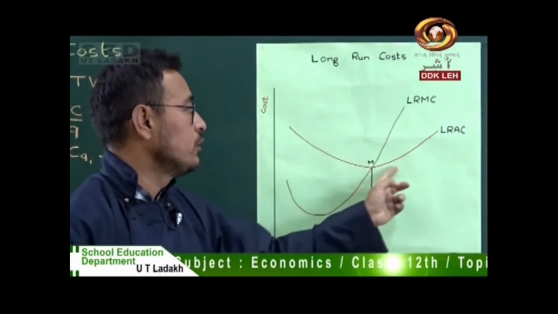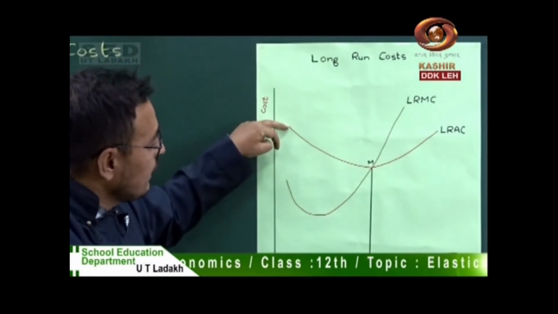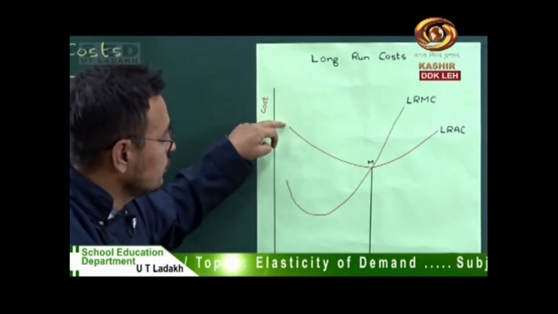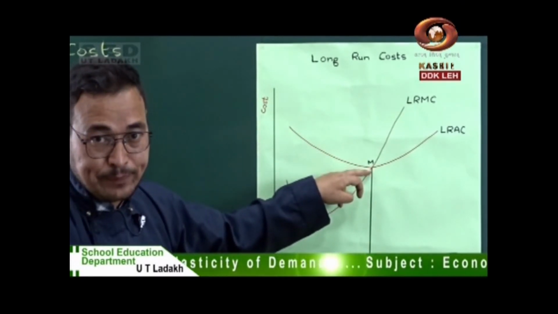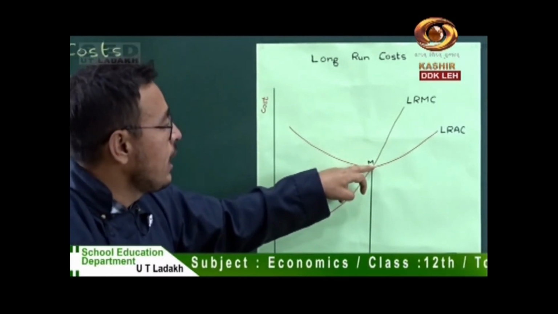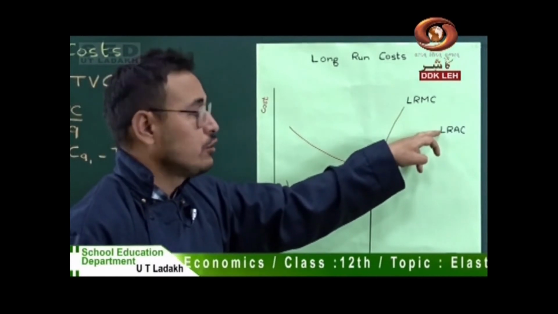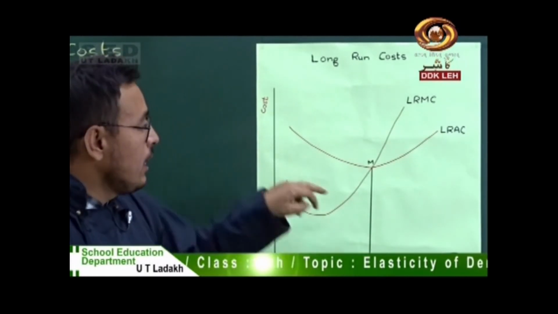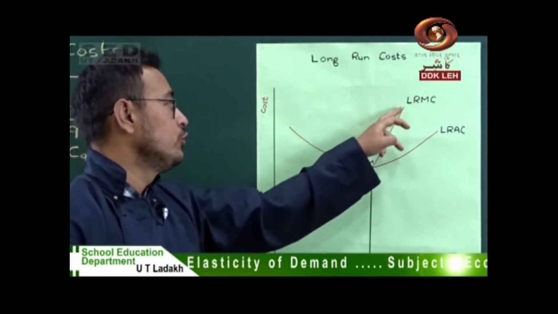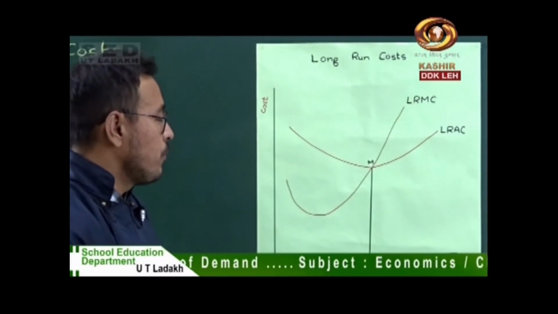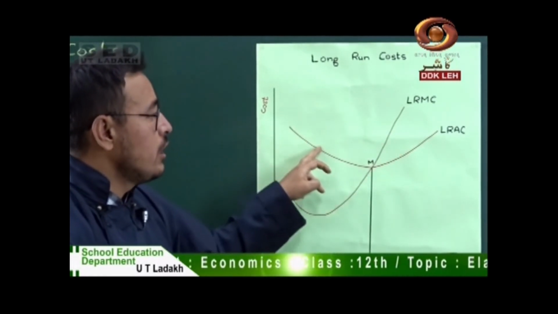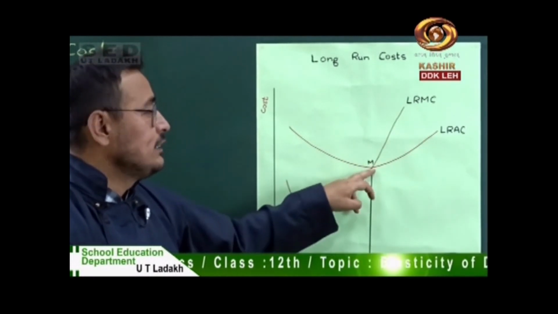The shape is such that from the initial point to M, this cost curve is decreasing, and after that it is constant for a moment, and then this cost curve will increase. And as far as the marginal cost curve is concerned, again it will be an inverted U shape.